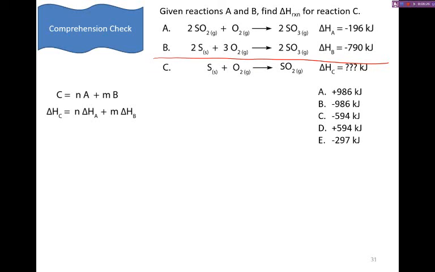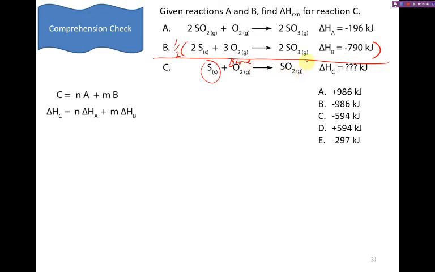So, looking at our desired reaction, we know we want sulfur as a reactant. Well, B has sulfur as a reactant, but it doesn't have the proper amount. So we need to multiply the whole thing by 1/2. Oxygen we see shows up in a couple different spots, so let's ignore it for now.